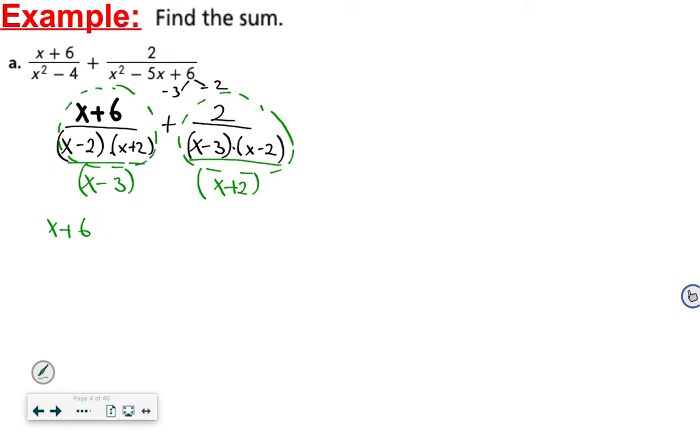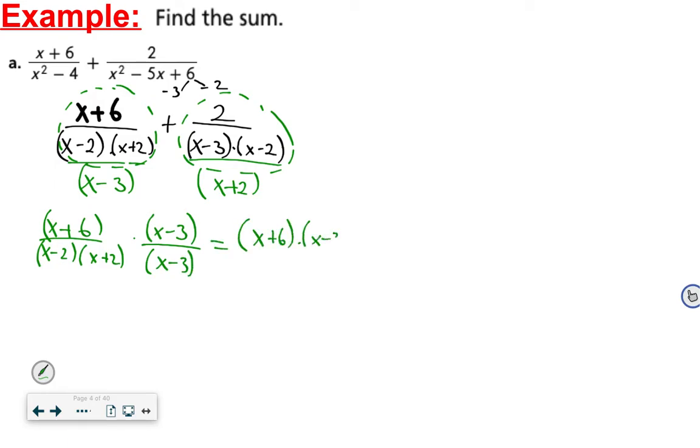x plus 6 over x minus 2 times x plus 2 will be expanded by x minus 3 over x minus 3. After that, x plus 6 times x minus 3 over x minus 2 times x plus 2 times x minus 3.